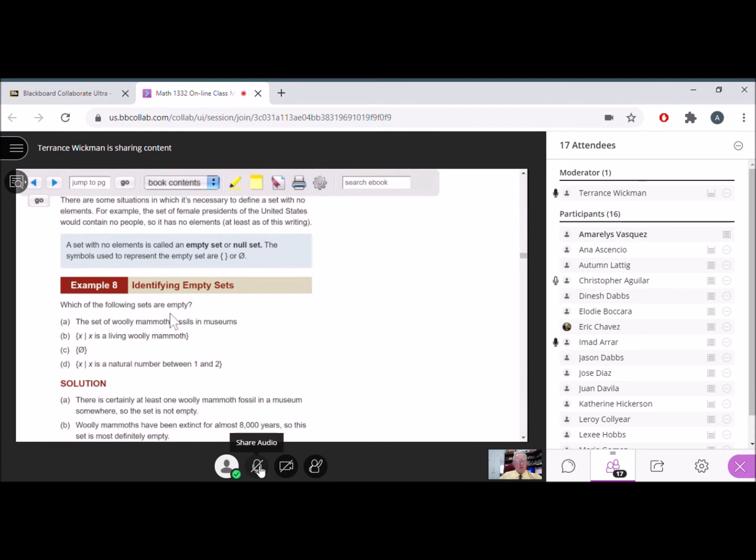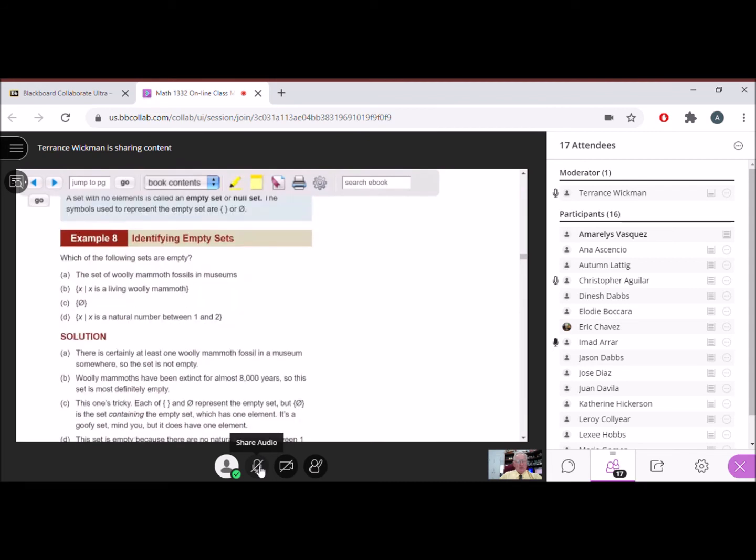It says, which of the following sets are empty sets? The set of woolly mammoths, fossils, and museums. Well, that's not empty. Somewhere, that's not empty. A living mammoth, well, I don't know. I think there's none of those. So I would say that's an empty set.